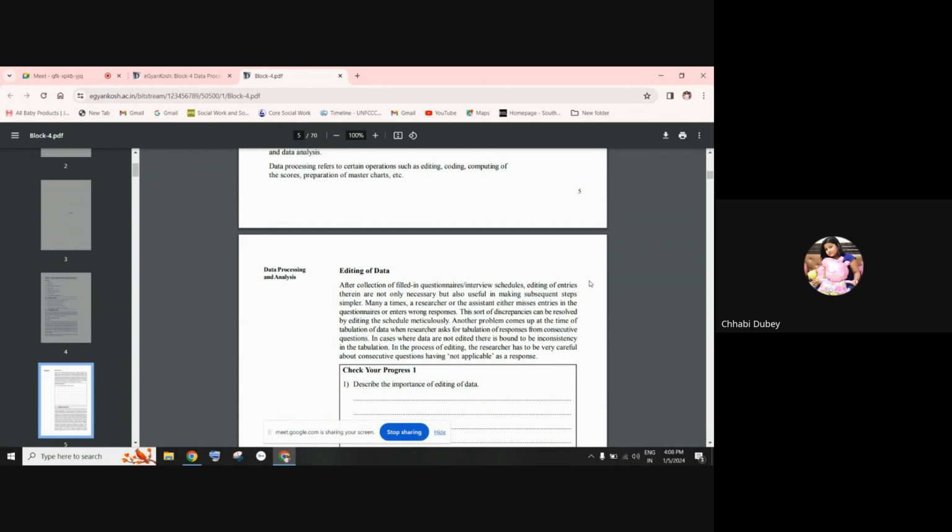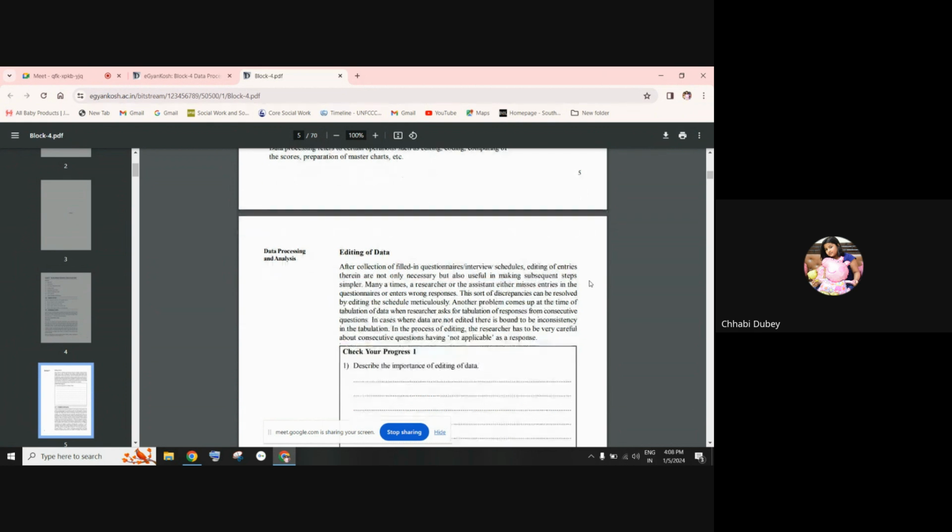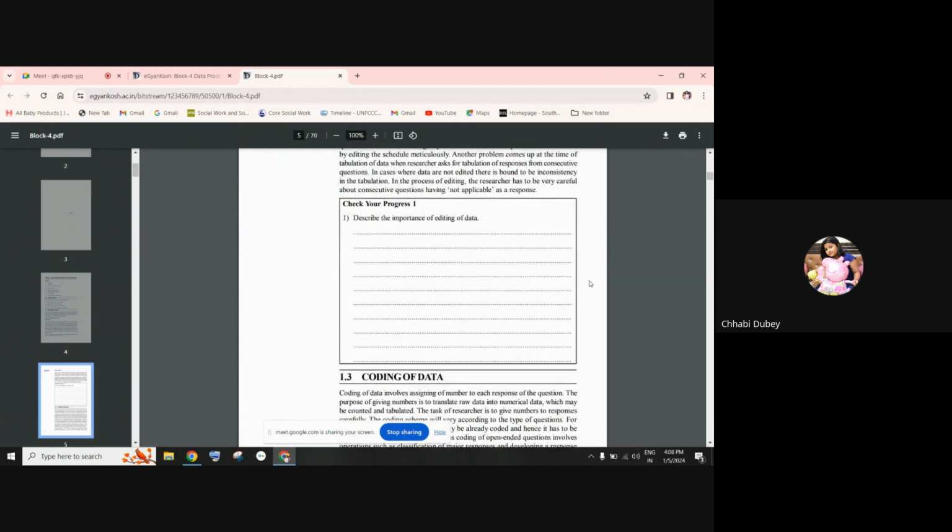Now, in the process of editing, the researcher has to be very careful about consecutive questions having not applicable as a response. So basically, whatever responses the individuals give us, we have to be very careful about those responses, and specifically in questions where the response says not applicable.